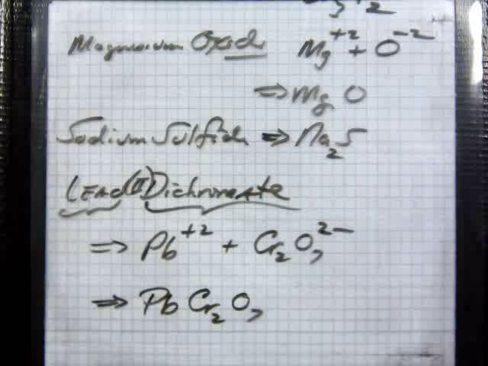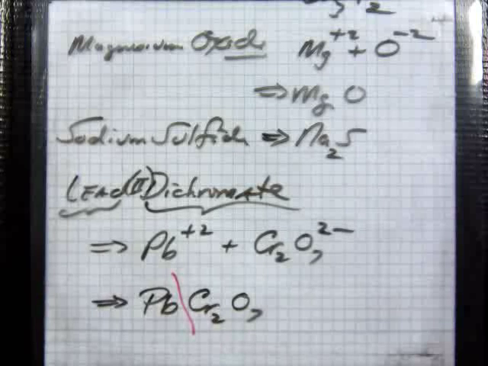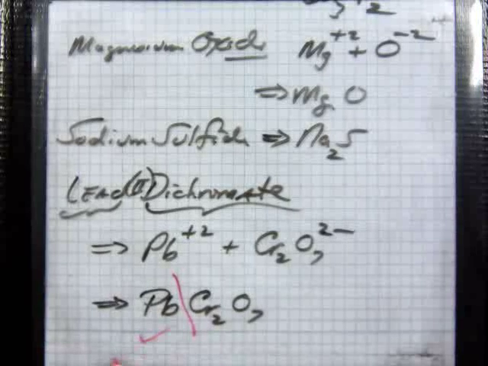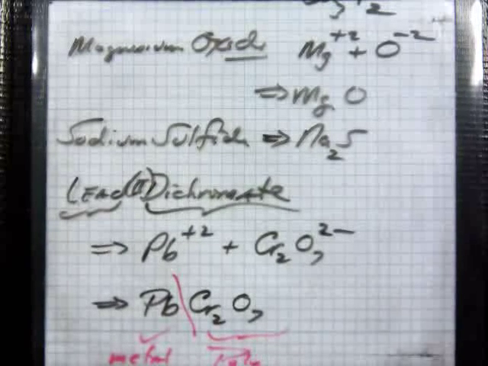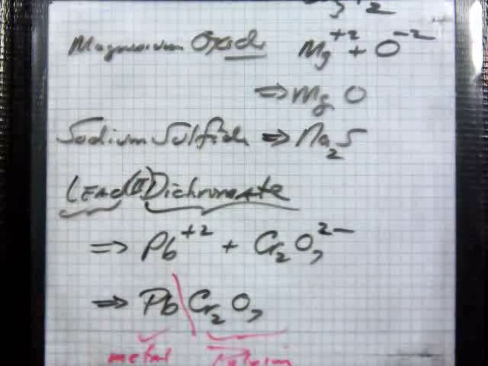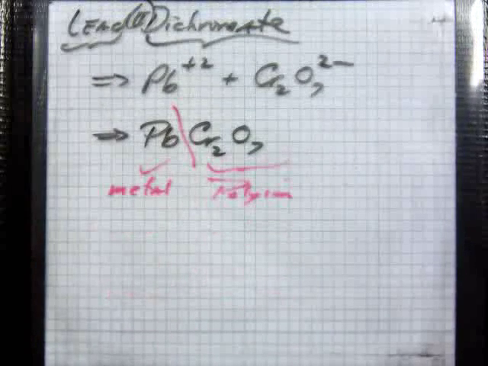And the simple rule is, look at the elements from left to right. The first element is the metal, and then everything after that first element is polyion. No matter what or how it's written, it'll separate like that.